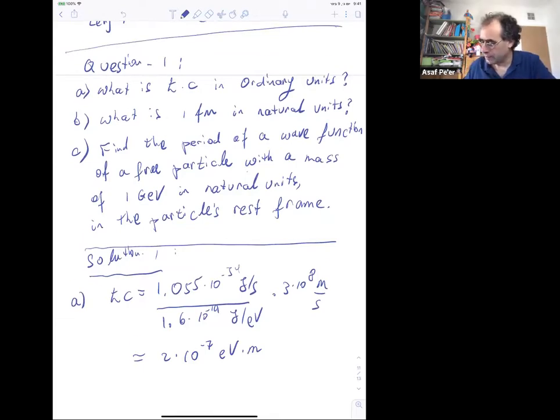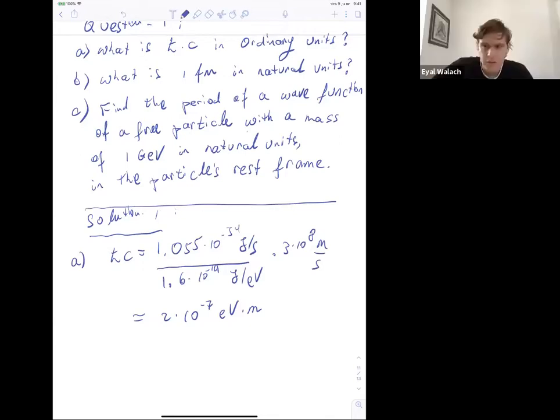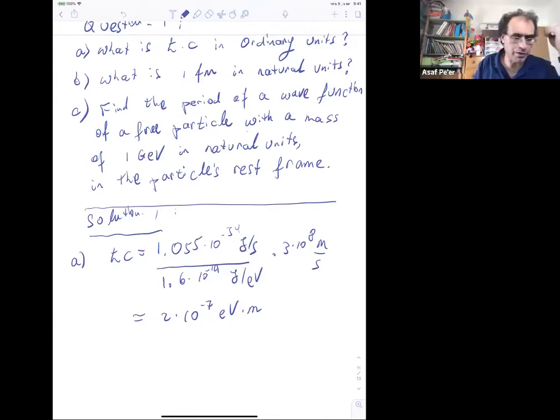GeV. And I told you that the natural unit of length in particle physics is the femtometer, right? It's the size of a proton. So this gives us something like 0.2 GeV times femtometer.